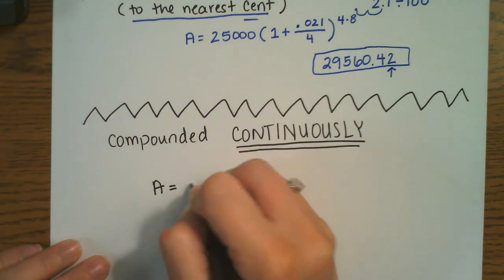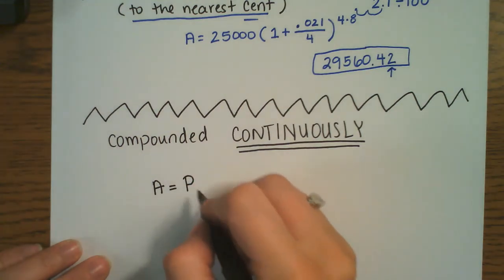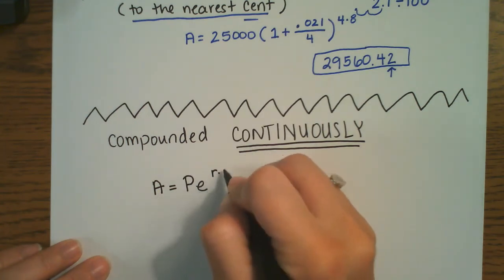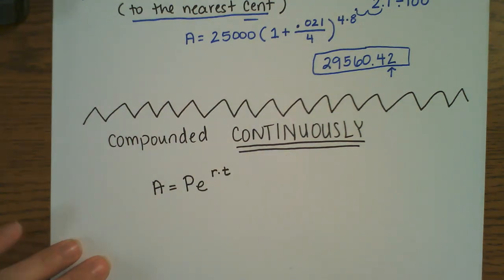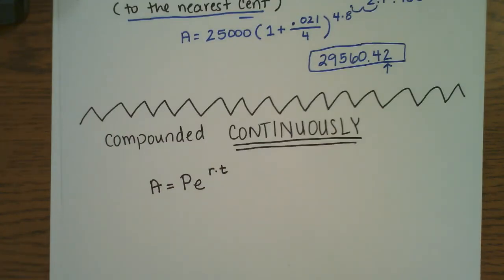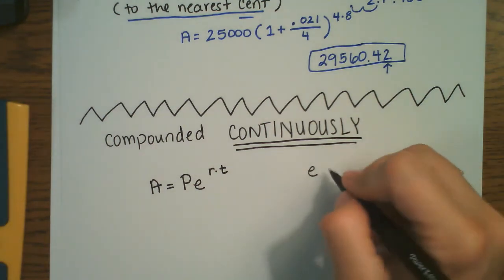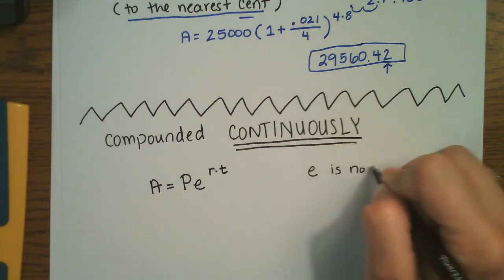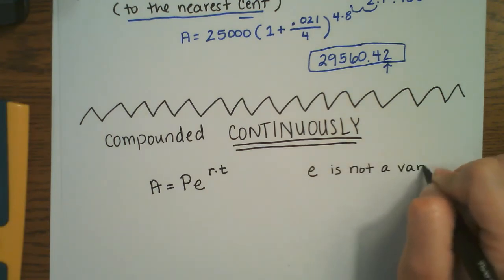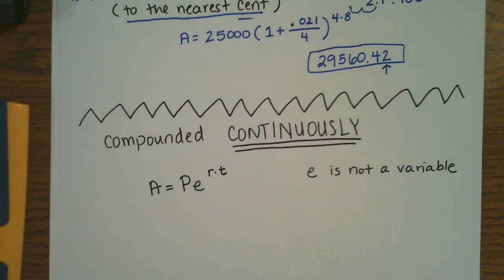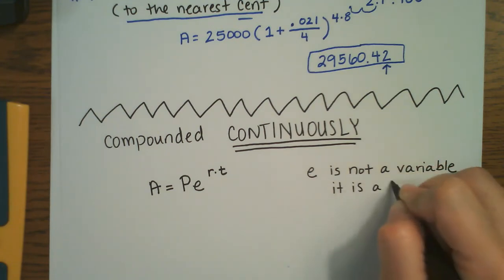A equals P times E to the RT power. E is not a variable. It is a button.